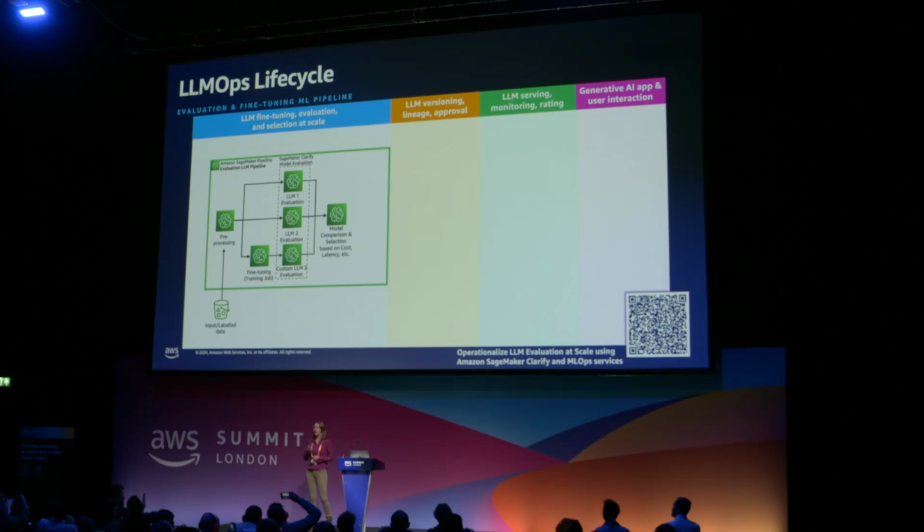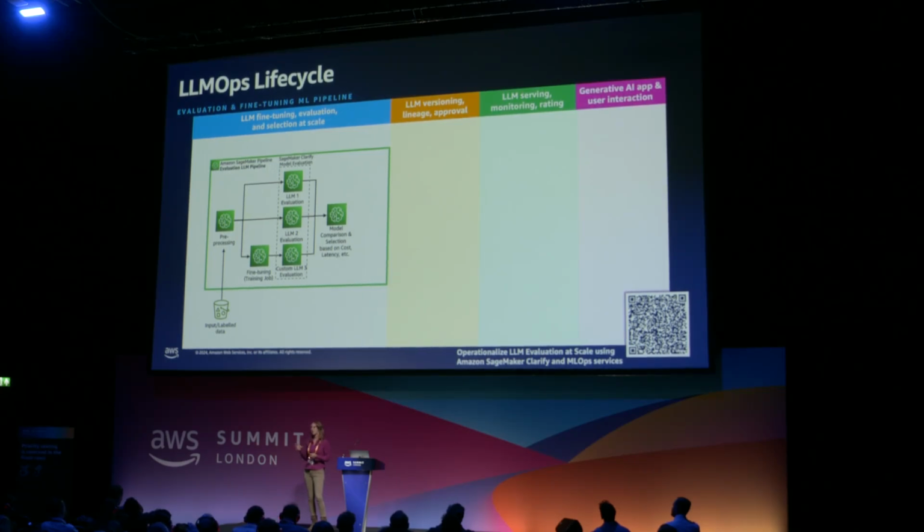So, in our LLMOps sample lifecycle, the first component is our SageMaker pipeline focused on fine-tuning and evaluating LLMs. For fine-tuning, our data starts from an S3 bucket, then it goes through a SageMaker preprocessing job to prepare the format, and then you use SageMaker training jobs to fine-tune our artifact.